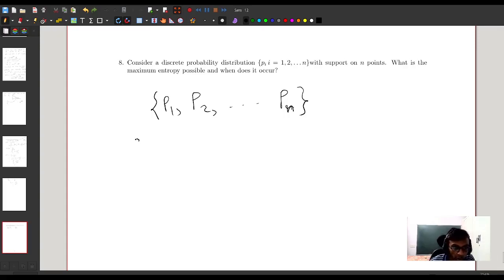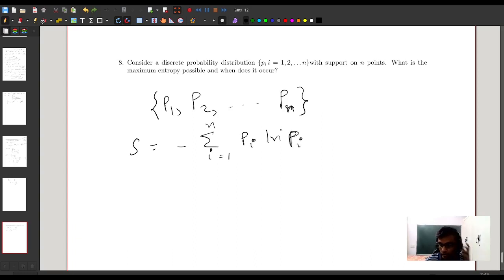Right, the entropy of a probability distribution, as you know, is defined like this. We can try to guess what the answer is first of all. You might have already heard about this or already know the answer.